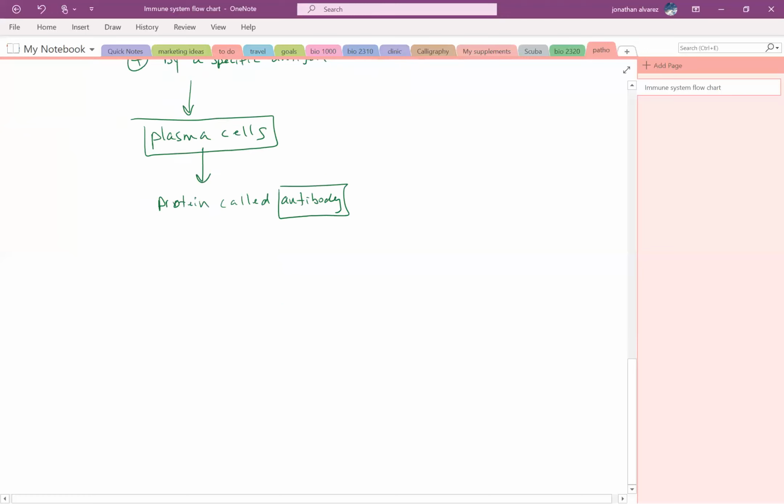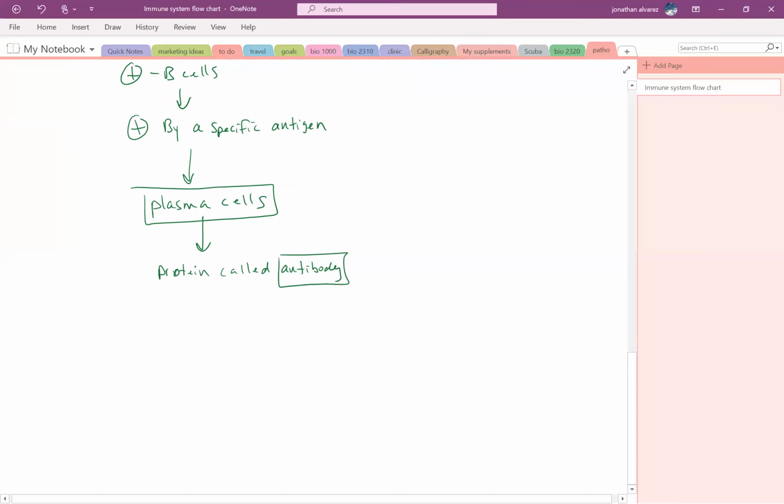If you guys ever do reading with the immune stuff and you dive in and start seeing plasma cells and all this stuff, it can be confusing. It's like, where the heck does this stuff come from? Did you say that the B cell turns into a plasma cell?